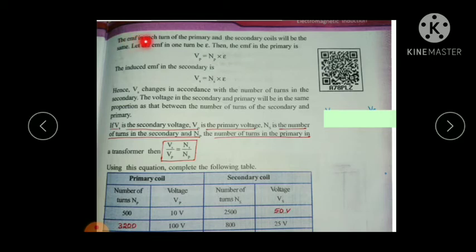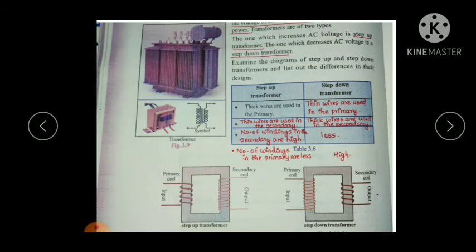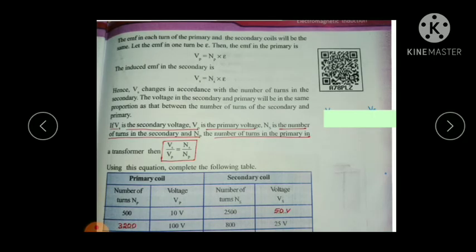Then the EMF in each turn of the primary and secondary coils will be the same, and it is represented by E. So the EMF in one turn will be E. Then the EMF in the primary coil is equal to Np into E, where Np is the number of turns in the primary.